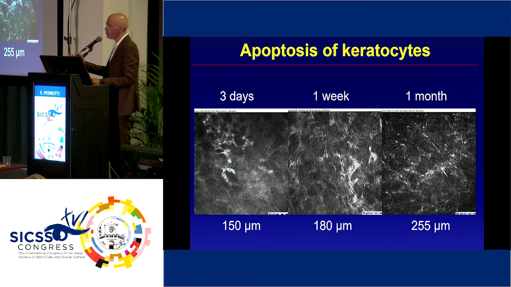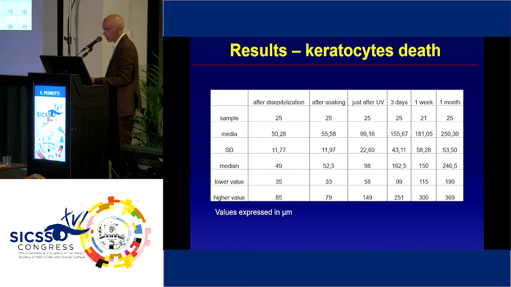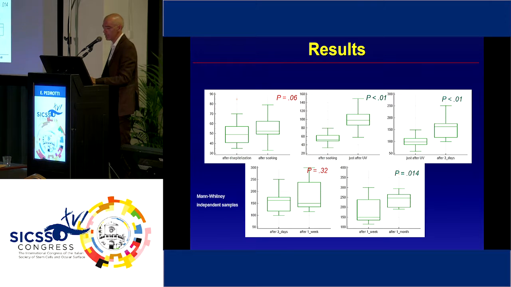This keratocyte death increases over time, at 3 days, 1 week, and then 1 month, from 250 to 160 microns. That's a level that will stay stable over time. This is the statistical analysis.